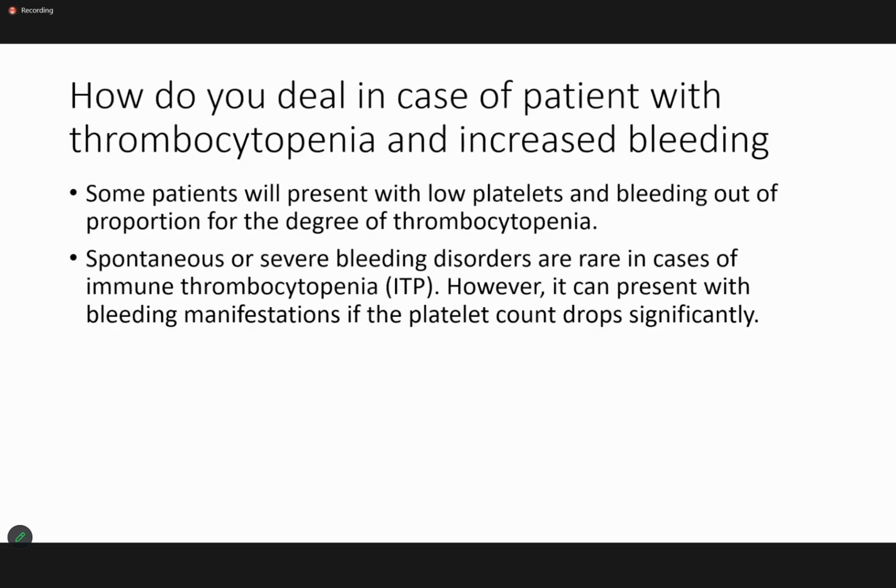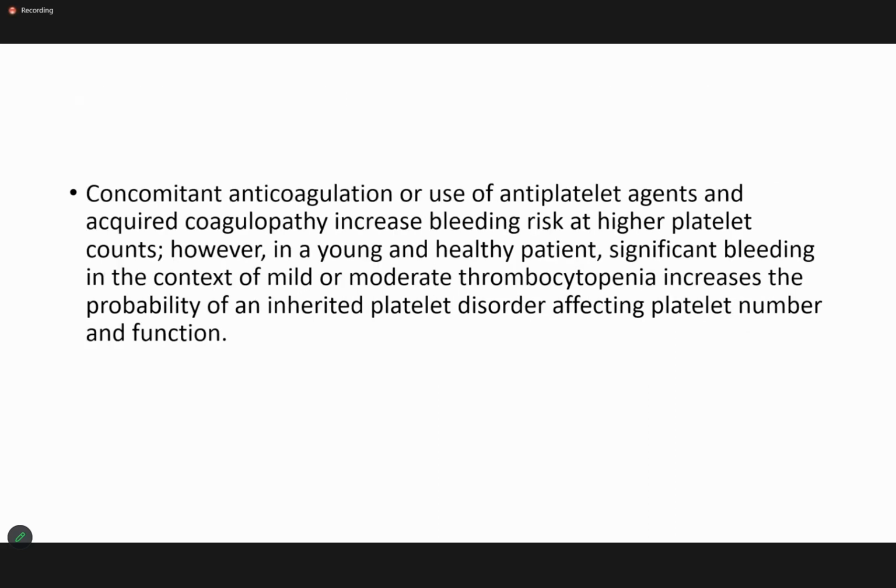What about thrombocytopenia and increased bleeding? How do you go about it? Some patients will present with low platelets and bleeding out of proportion to the degree of thrombocytopenia. Spontaneous and severe bleeding are rare in ITP. However, it can present with a bleeding manifestation if the platelet count drops significantly.